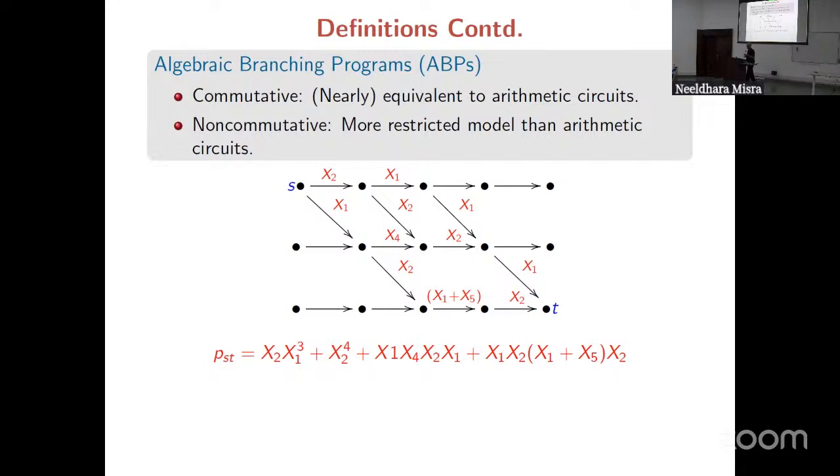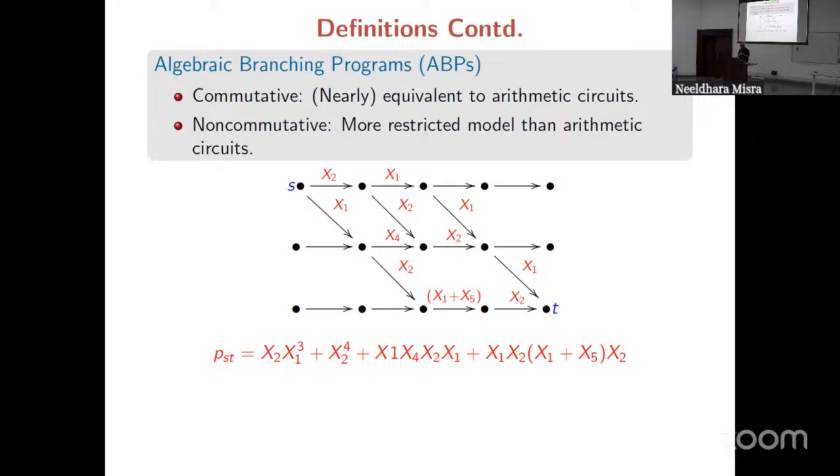So let me explain quickly. S is the start state, and we're assuming T is the only accept or final state node. And you go over all S to T paths, multiplying the linear forms that you see along the path, and you add them all up.